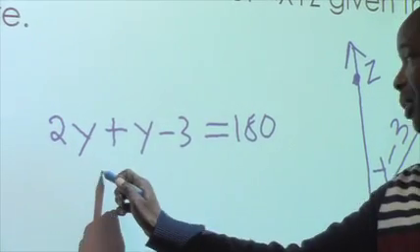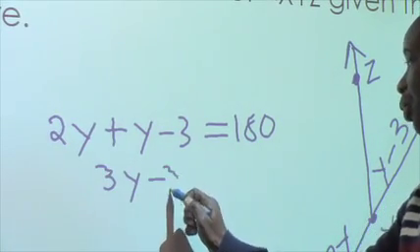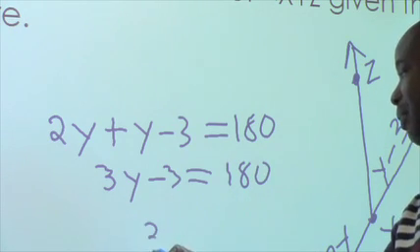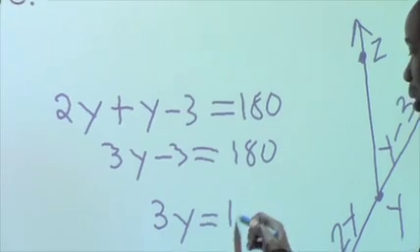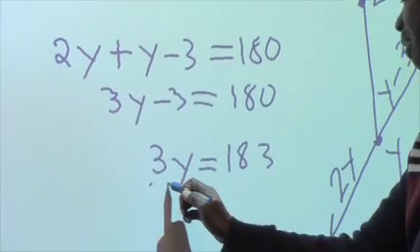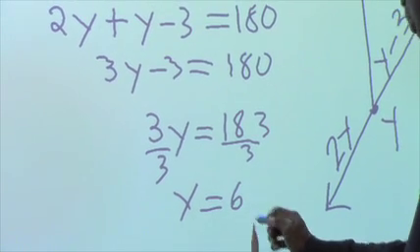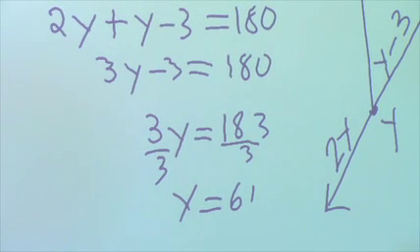You collect like terms on this side, we're going to have 3y minus 3 equals 180. Add 3 to both sides, we're going to have 3y equals 183. Divide by 3, we're going to have y equals 61. So y is equal to 61.